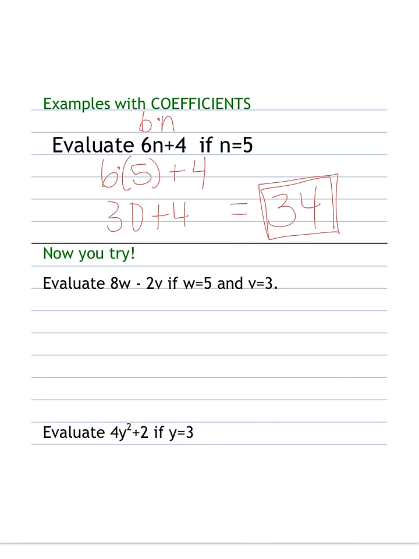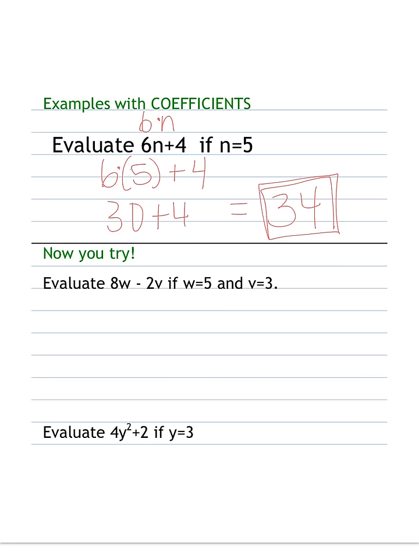Okay, try these ones out on your own and then come back and check your answers when you are done. First one, evaluate 8w minus 2v if w equals 5 and v equals 3. Again, we've got coefficients, so numbers right in front of our variable, which tells us we need to multiply.